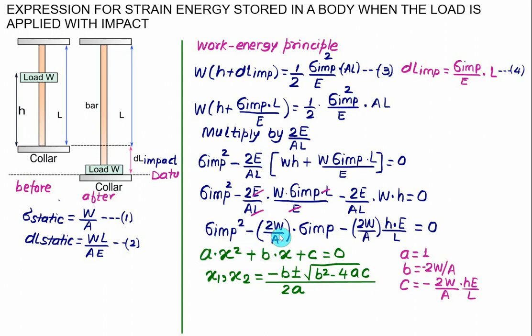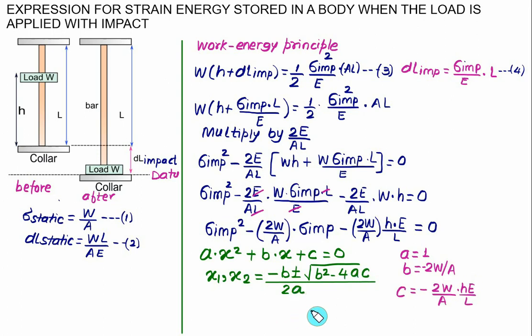This entire term is B, so B is equal to minus 2 times W divided by A. And the last term is C, which is equal to minus 2 times W H into E divided by AL. The roots of the quadratic equation are given as x1, x2 equal to minus B plus or minus under root of B square minus 4AC, upon 2 times A.